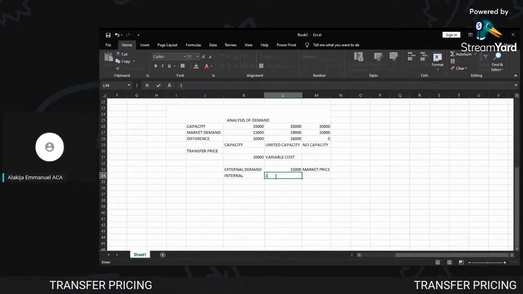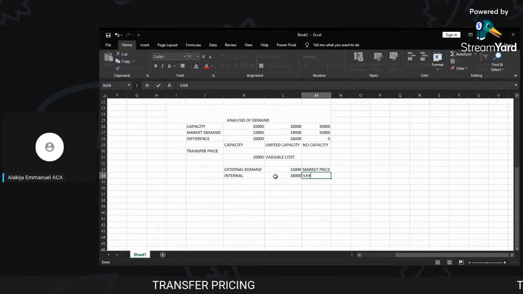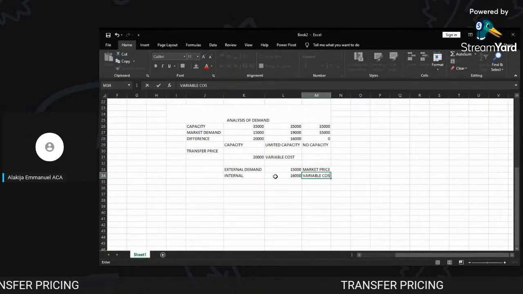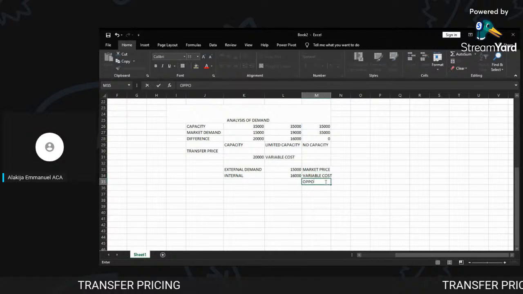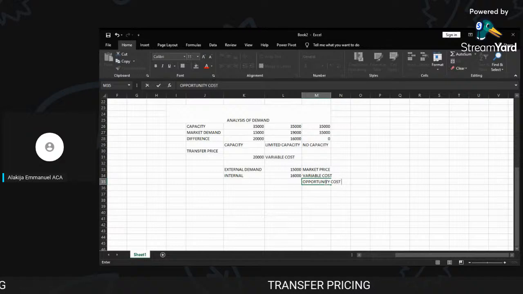So 16,000 is going to be at variable cost plus opportunity cost.